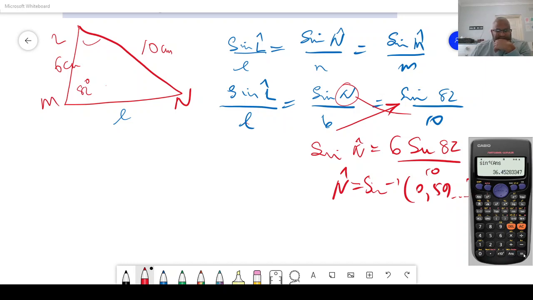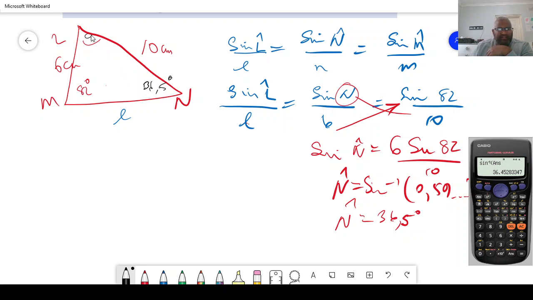So that angle N works out to be 36.5 degrees. If you relate that back to the diagram, it's going to be 36.5.